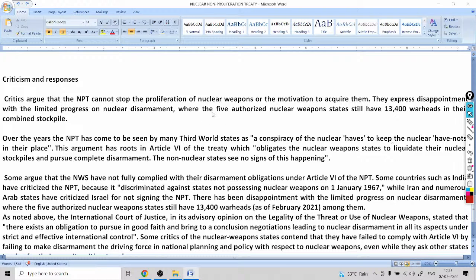Here come two concepts, so two things are discussed here. One is vertical proliferation. That means they go on adding to their stocks. Whereas it prohibits horizontal proliferation.